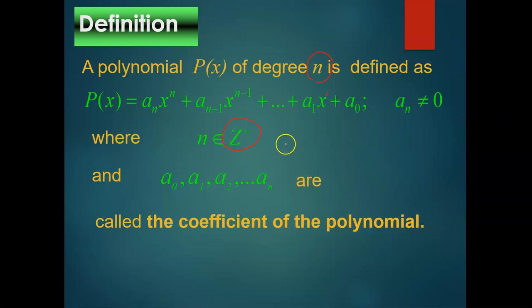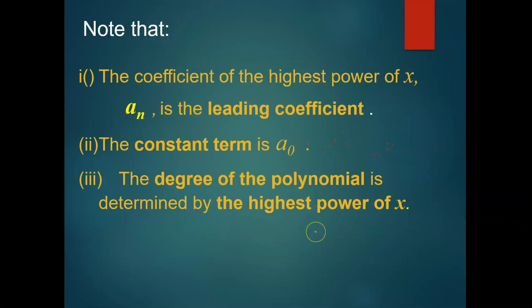For example, our cubic function f(x) equals ax cubed plus, using this definition, this will become a_3 x^3 plus a_2 x squared plus a_1 x^1 plus a_0, where all the coefficients are coefficients of the polynomial.